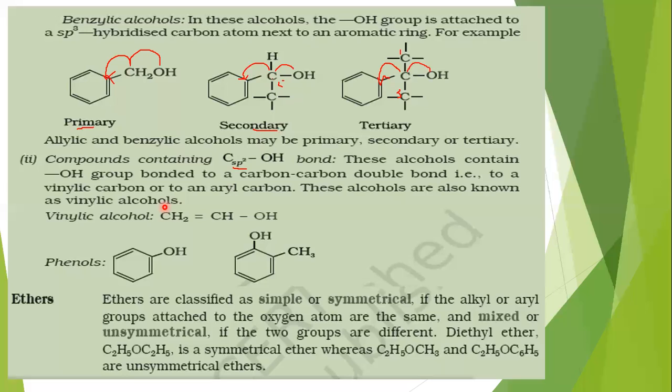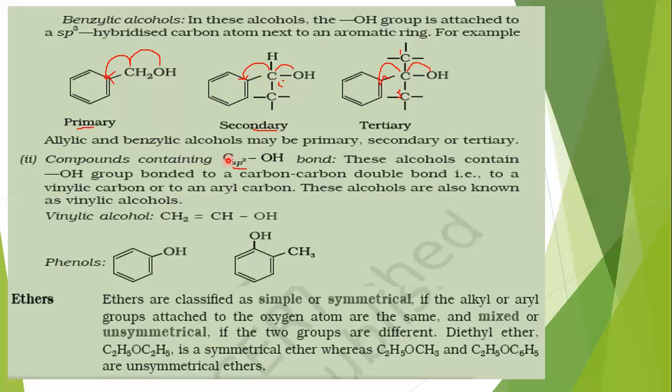Now again, recall about sp2 hybridized carbon. In nature of chemical bonds, the topic we studied in 11th standard, and in the formation of alkene, we studied that alkene has a carbon-carbon double bond.